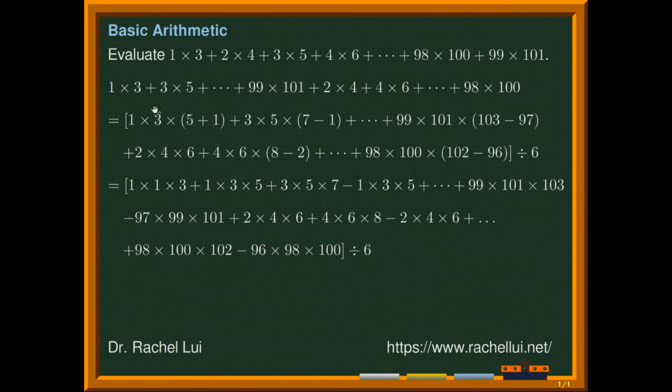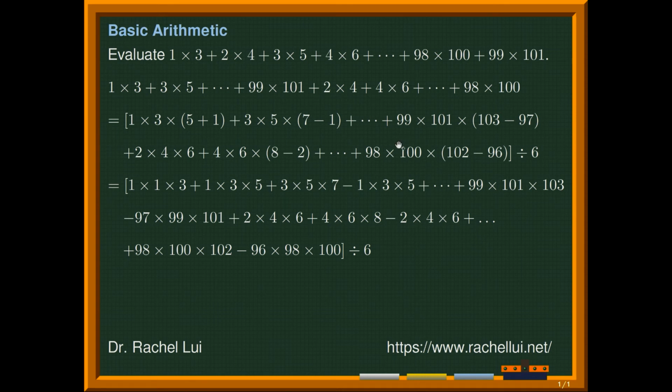So here, I will have 1 times 1 times 3 plus 1 times 3 times 5 plus 3 times 5 times 7 minus 1 times 3 times 5 and so on.